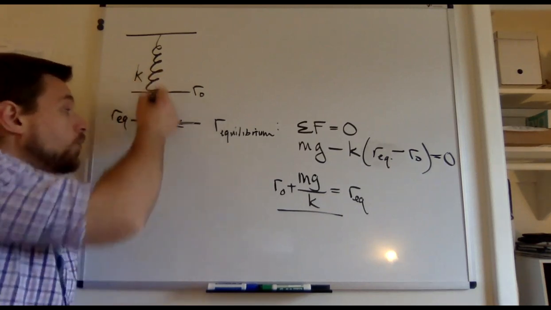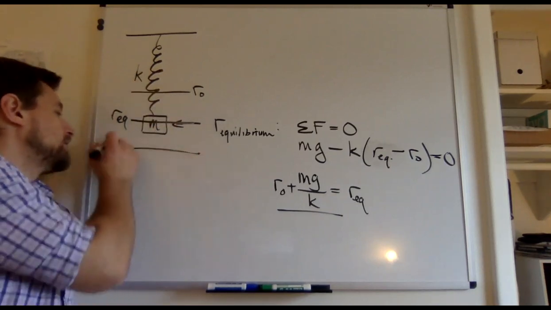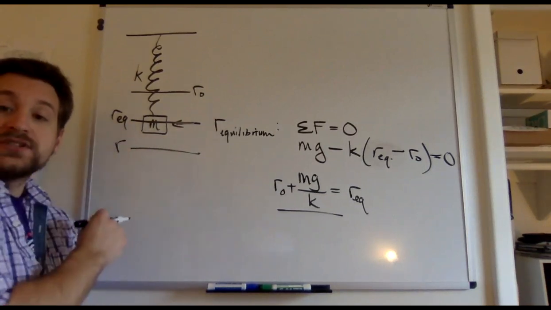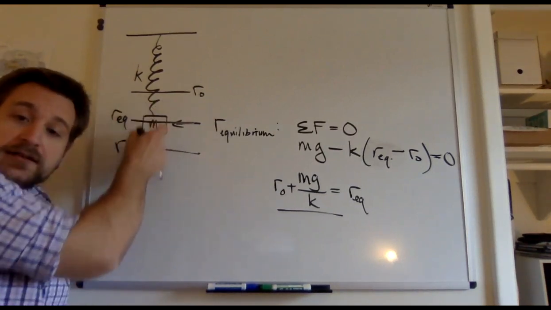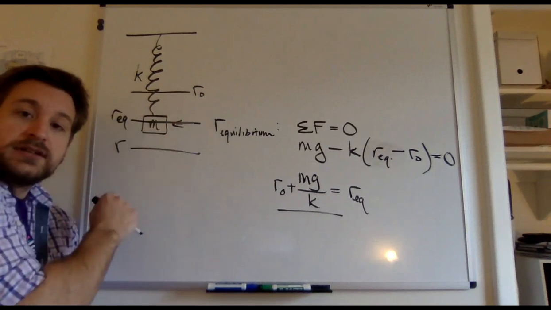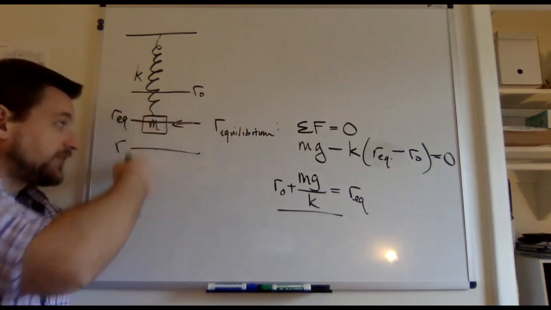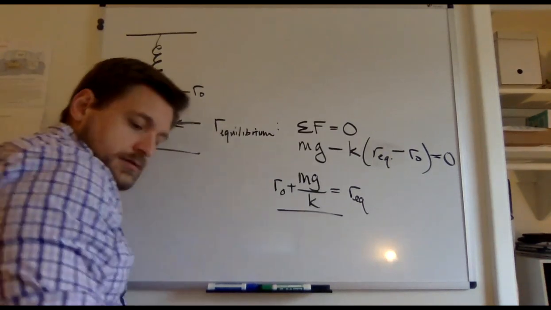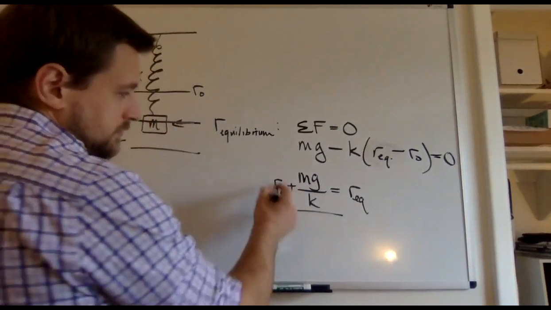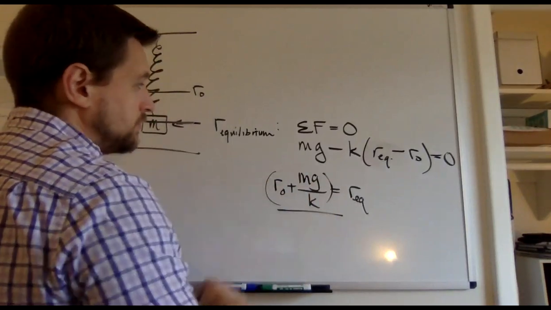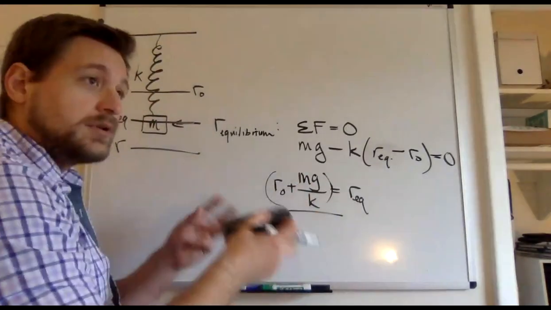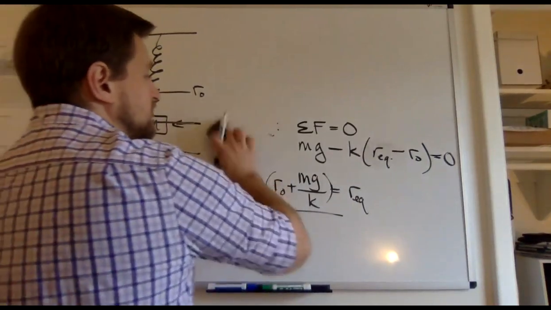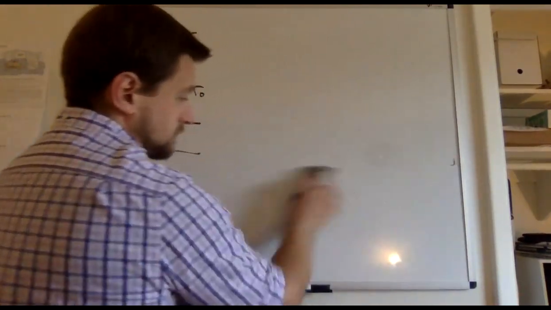Okay, so what about some point down here, some new position r that we drag the mass to and then release it? What's the story at some position r? All right, well, I'm going to keep that, but at some other extension that isn't at equilibrium, we can solve Newton's second law, or at least we can write it.